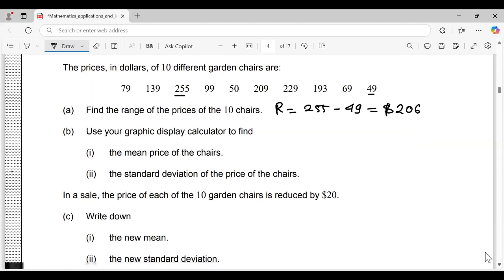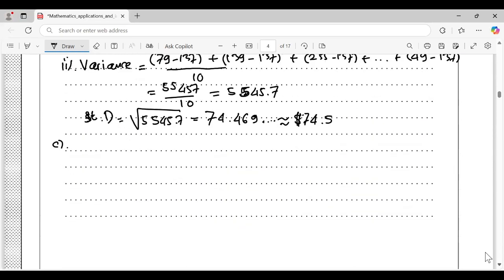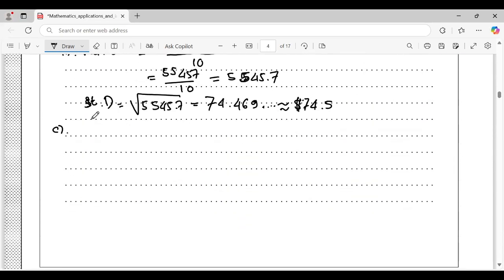I have sorted the new data after the reduction of 20.